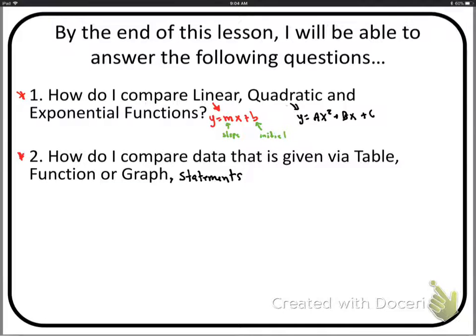And then we have exponential functions. So exponential functions, most recently the exponentials we've been working with is y equals, that is incorrect, y equals a times 1 plus r to the t power. Right, so if we're looking at it, the t is an exponent, that makes it an exponential.